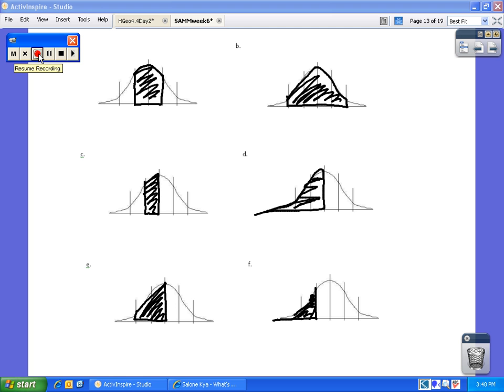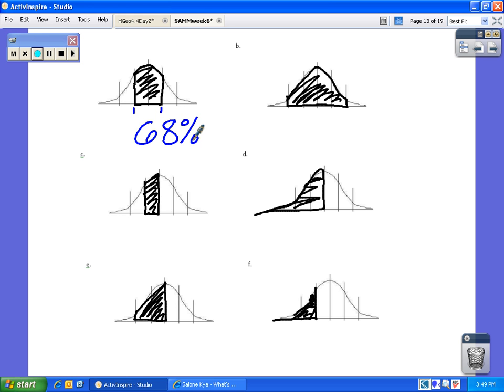The last problem on this section, give the percent that lie in each shaded region. For part A, I notice that this is 1 sigma to the left and 1 sigma to the right. Using the empirical rule, 68% of it is the area. Part B, I also use the empirical rule. 2 sigmas to the left and 2 sigmas to the right means 95% of the data.